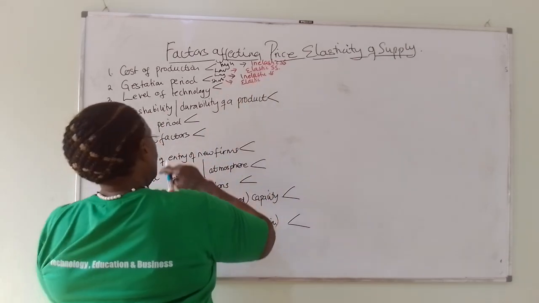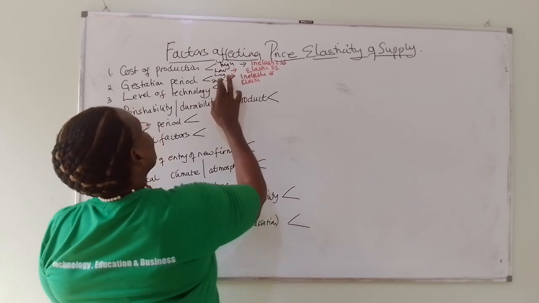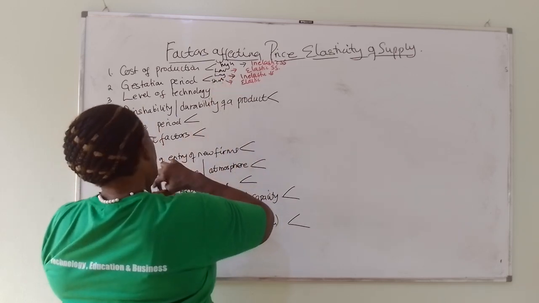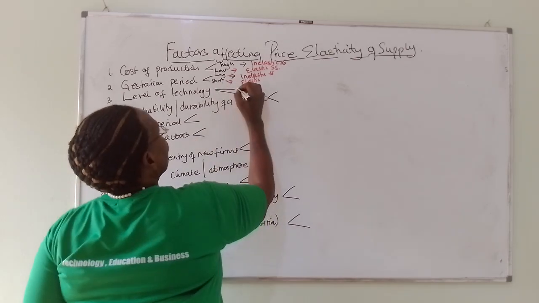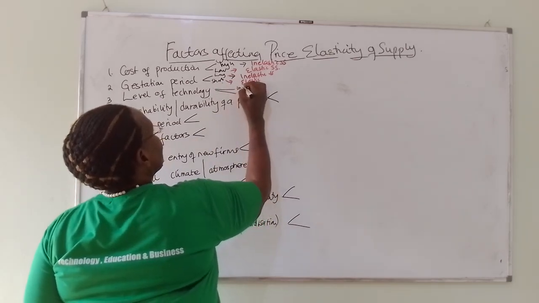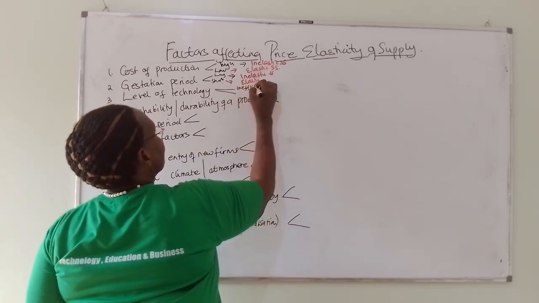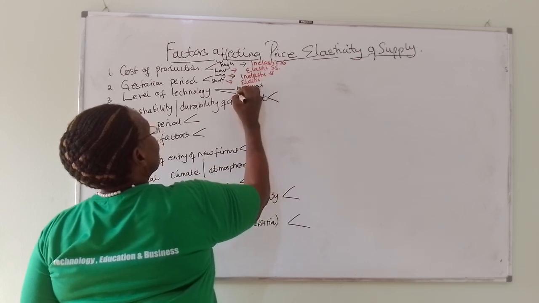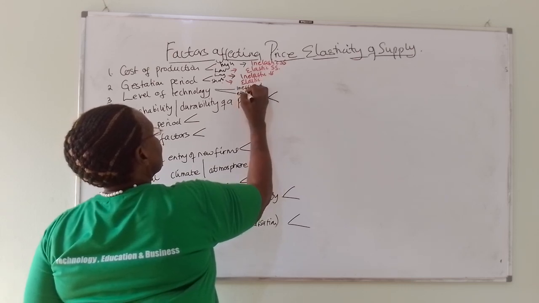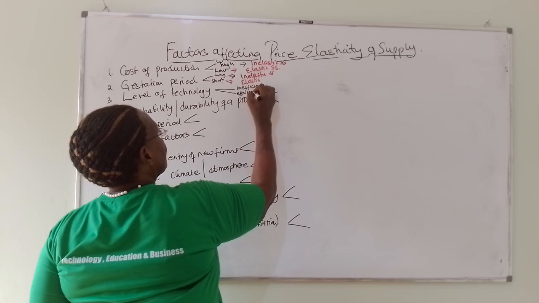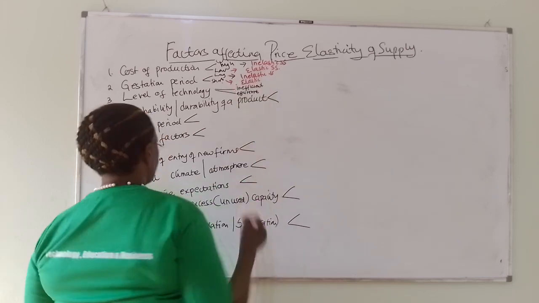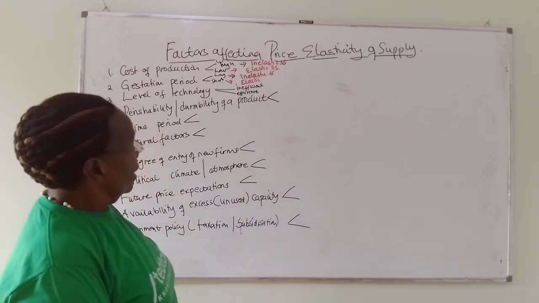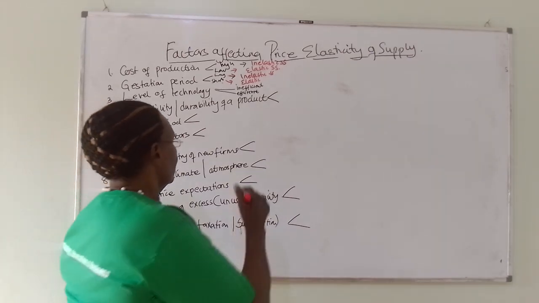Technology. Technology can either be efficient or inefficient. We have our technology here, where it is inefficient and where it is efficient. So in your answer, you have to mention whether you are talking of inefficient method of production or an efficient method of production.